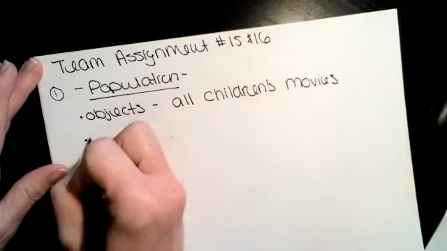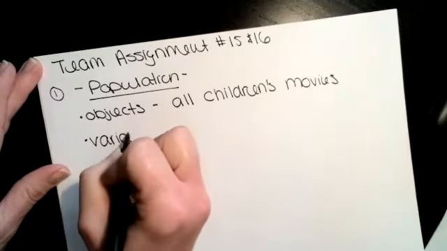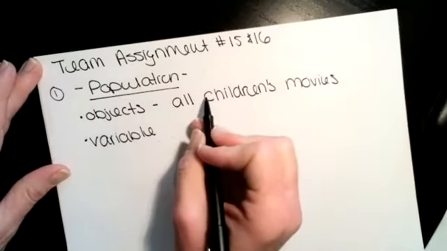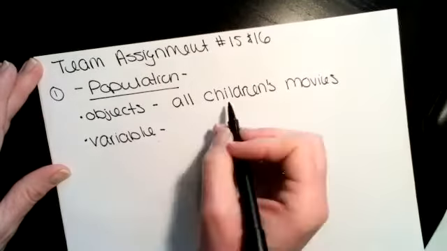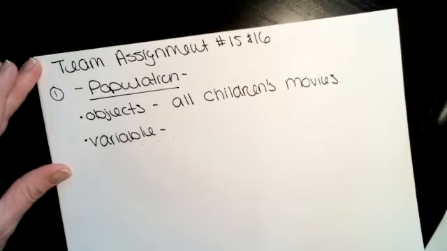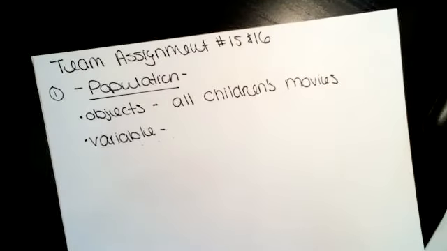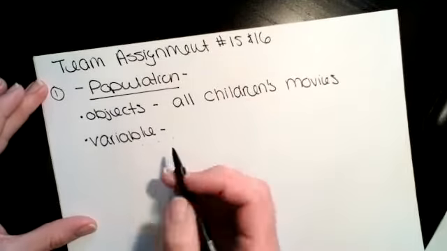Next, the variable. This is what's changing from individual to individual. So this is what's changing from movie to movie in this case. If we read through this, it says 30 movies was taken. We found the mean time showing tobacco use. So right there, it's the time showing tobacco use. You can write the variable different ways.